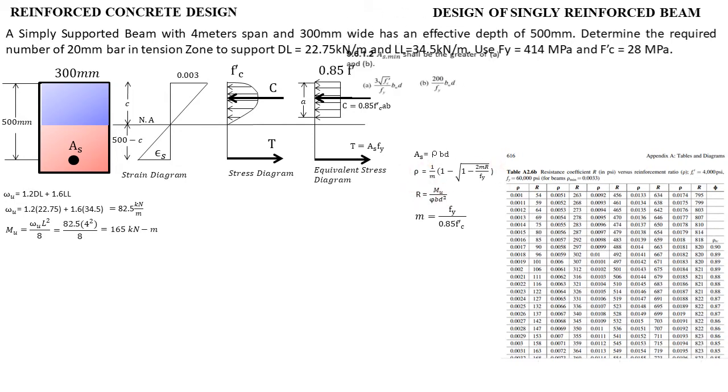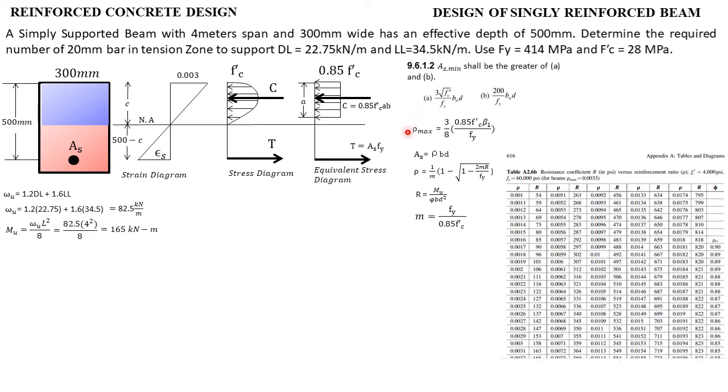The next step is to compare it here. As per the ACI code, there is a minimum requirement. This value is also in PSI units. Next, if it is above the minimum, we also need to compare if it is below the maximum value.